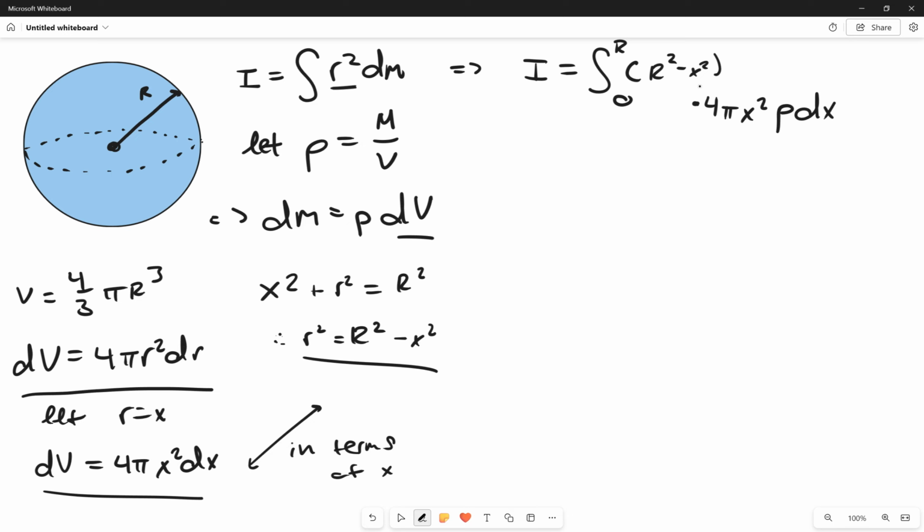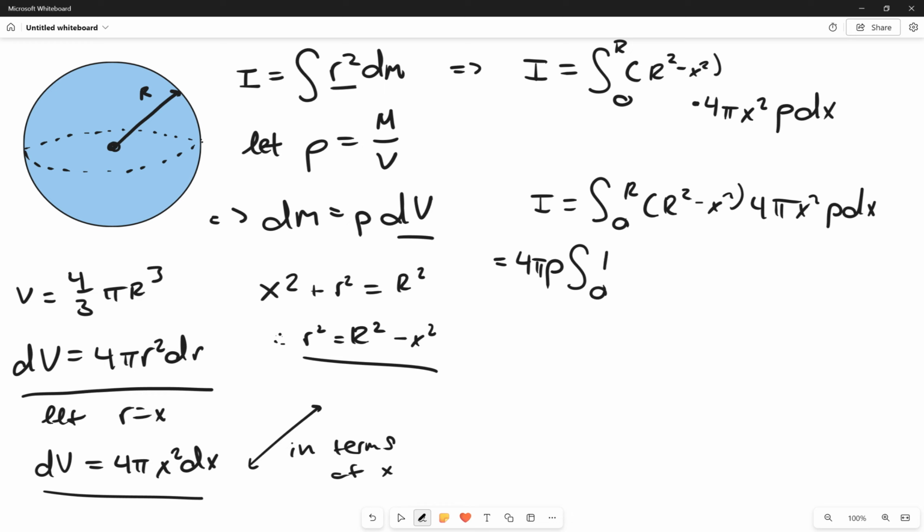So now we can simplify the integral as we normally would. I'm going to rewrite it again because there's a box there that I can't move. R squared minus x squared times 4 pi x squared rho dx. Everything is in terms of x, and because it's a uniform sphere, I'm going to take out the 4 pi rho.